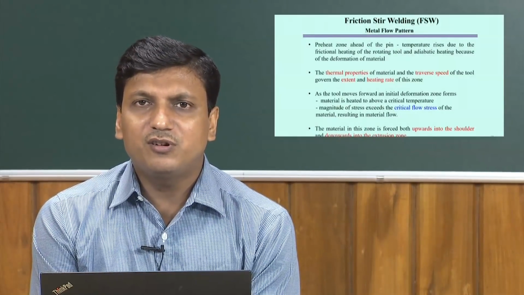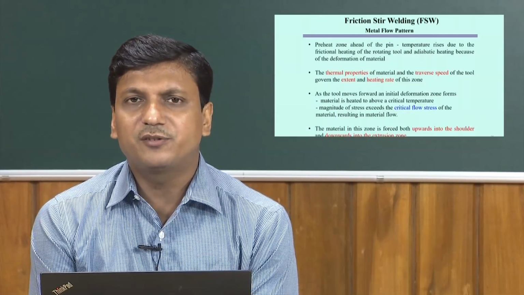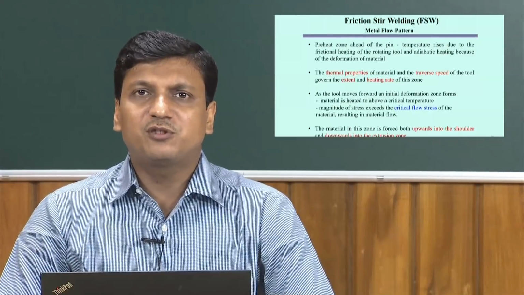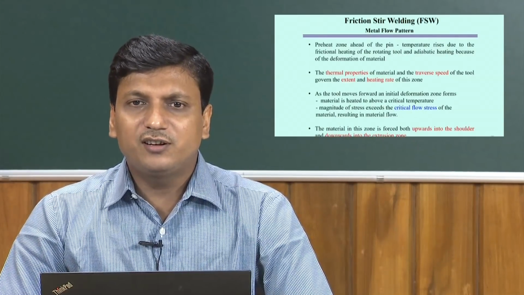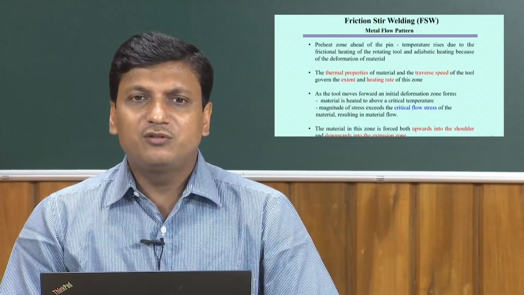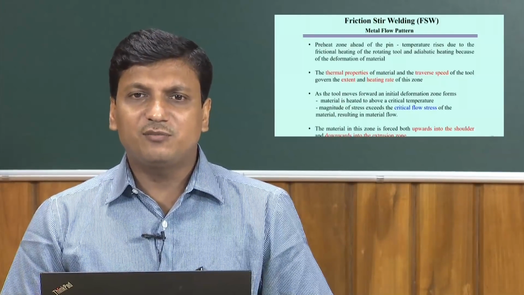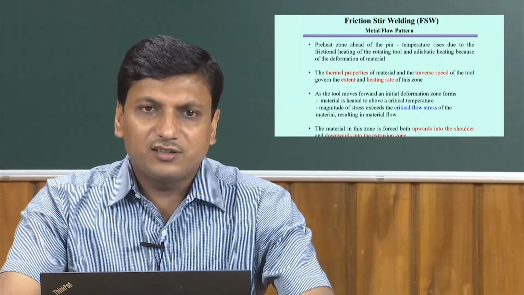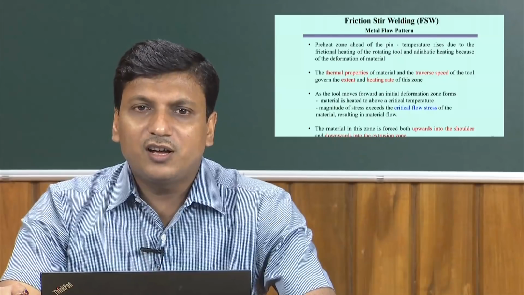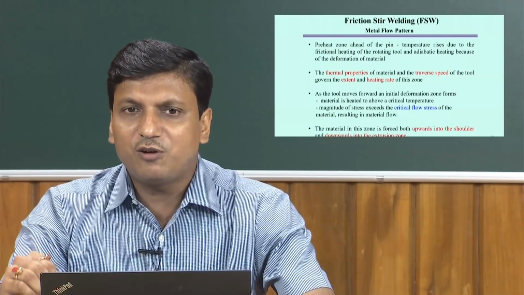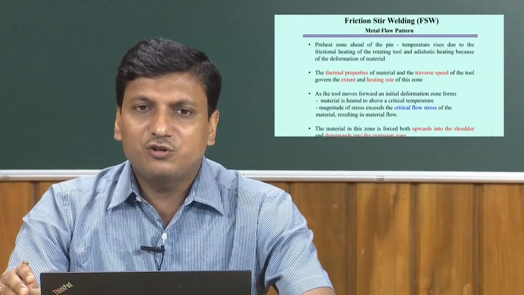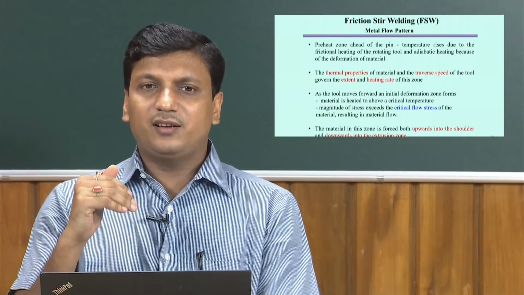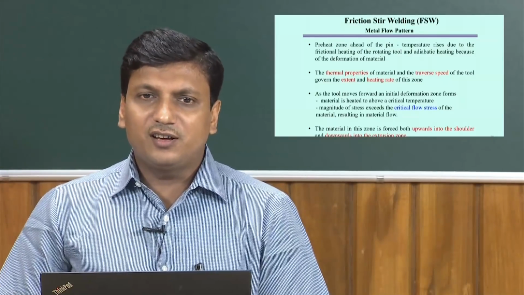The rate of heating is mostly influenced by the transfer speed, and if we assume that the thermal properties of different materials remain the same, then the transfer speed plays the role of deciding the extent and the rate of heating of the preheating zone. After the preheating zone, the tool moves forward and the initial deformation zone forms, and in the initial deformation zone the material is heated above a certain critical temperature.